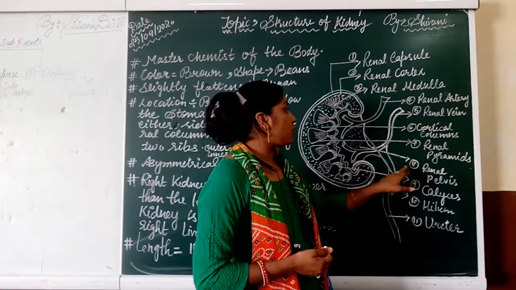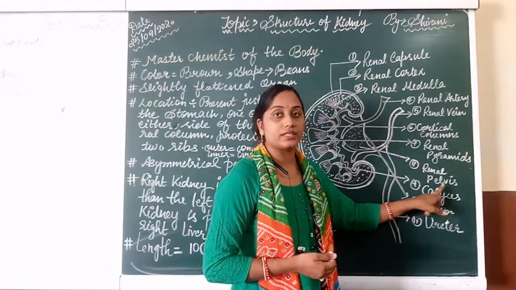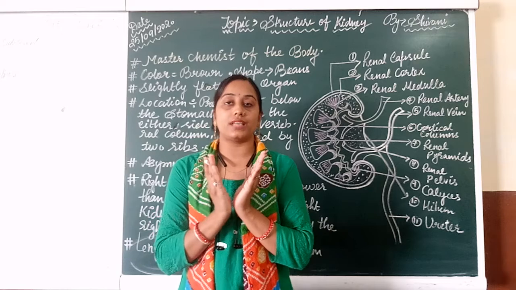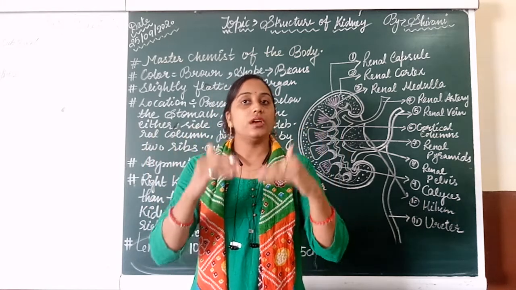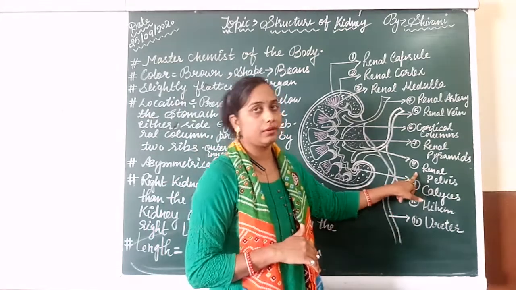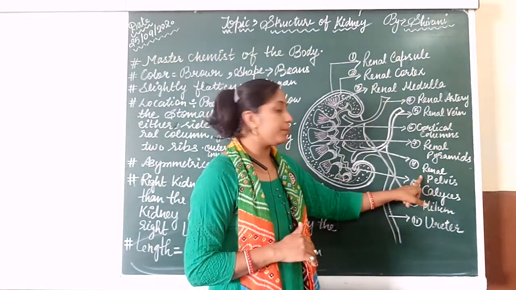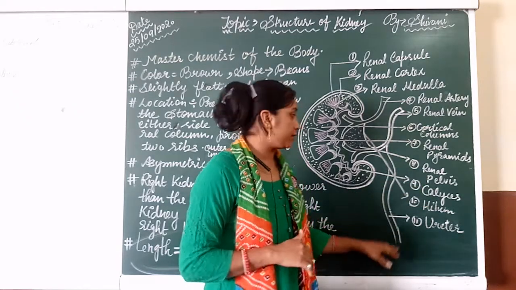The next part, part number 8, is the renal pelvis. This renal pelvis is a funnel-shaped structure which helps in the flow of urinary material. From the pelvis, this urinary material moves towards the ureter.